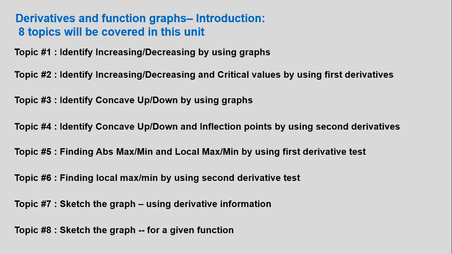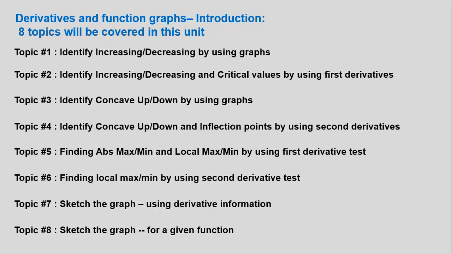And if a function is defined on a closed interval, can we find the absolute max and absolute min? Practice set number 6 is about identifying local max and local min, but instead of the first derivative, we use the second derivative test.